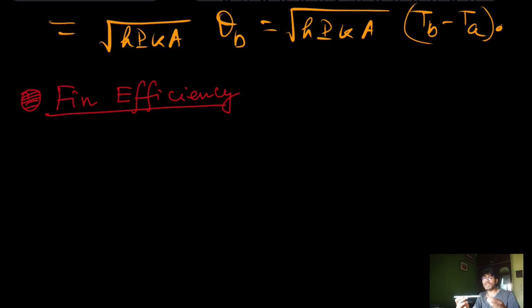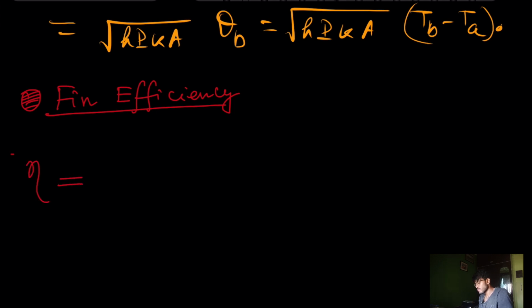But now I am talking about an ideal case in which the fin is having zero thermal resistance and infinite thermal conductivity, because of which the fin is having the same temperature Tb, that is the base temperature, throughout the fin, okay.